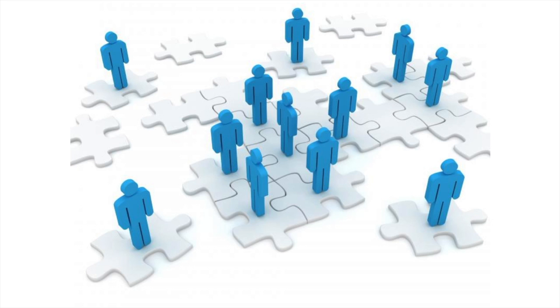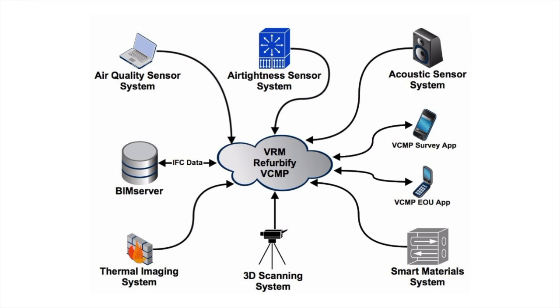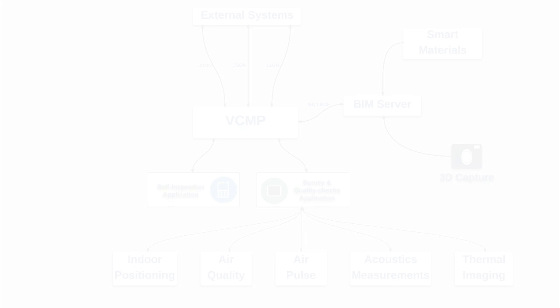The ambition within Built2Spec is to connect several different quality checking technologies to a central VCMP. Quality checking technologies used for indoor air quality, acoustic measurements, thermal imaging, air tightness, and point cloud comparison all have their specific tools and technologies.